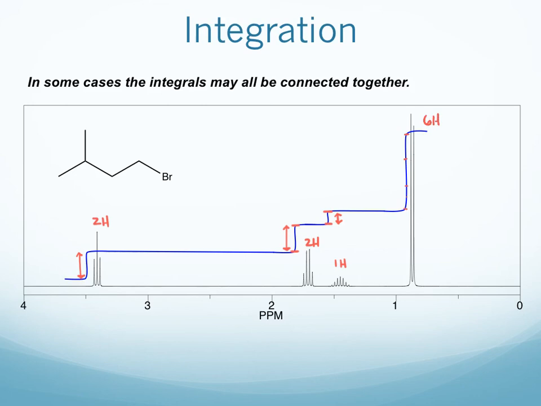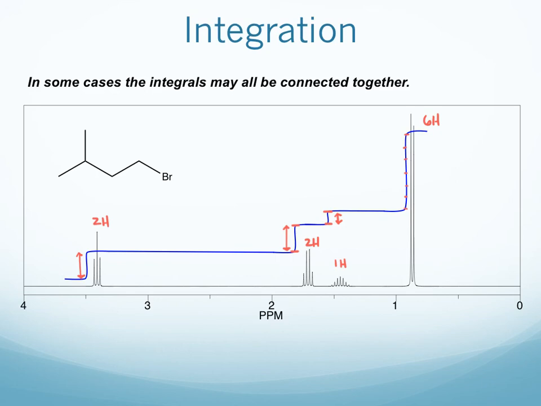Or if you want to split it up, it looks to be about 6 times the height of this first one here. So that's a 6 hydrogen integration. In this case, there's nothing more that we need to do. These values do accurately represent the hydrogens in this molecule.